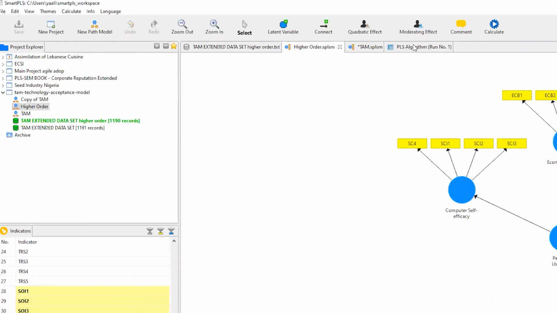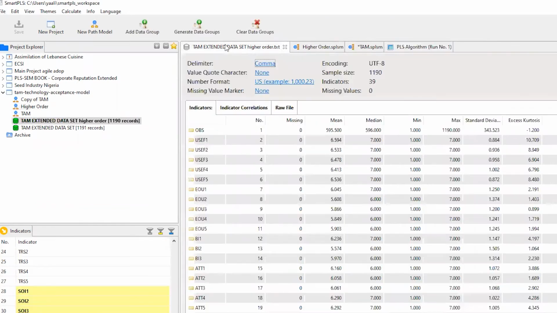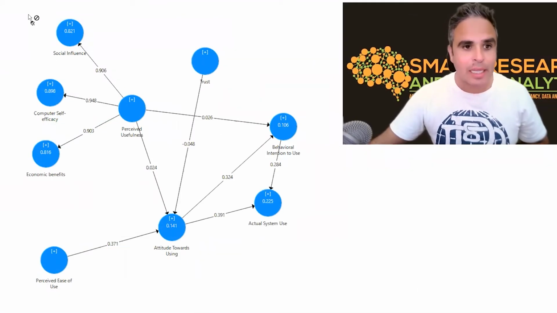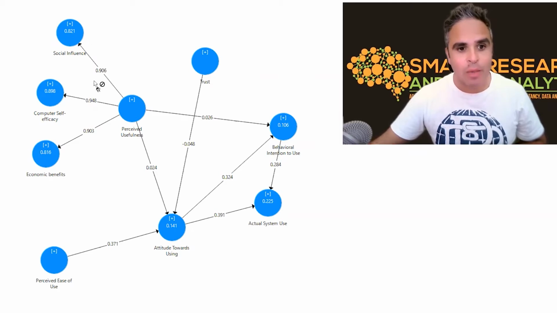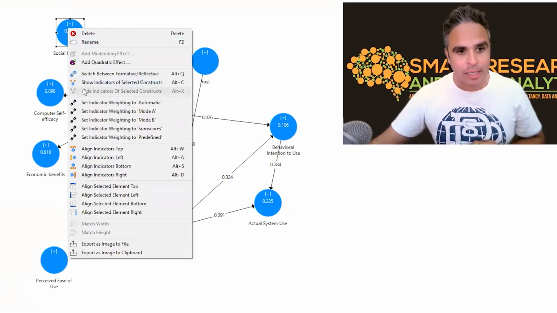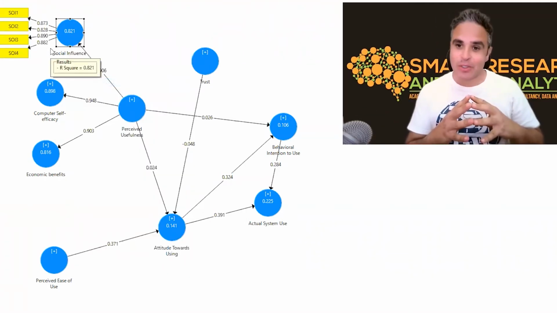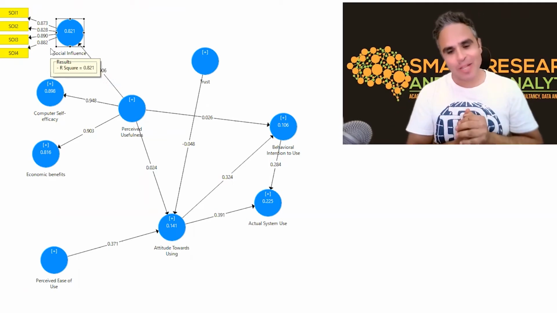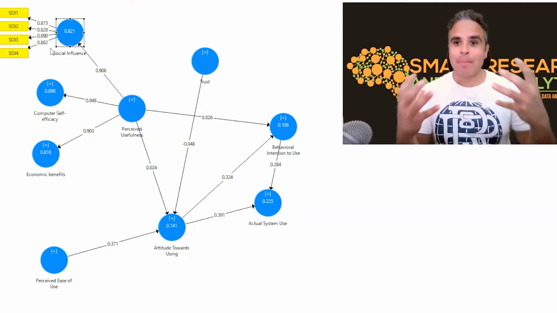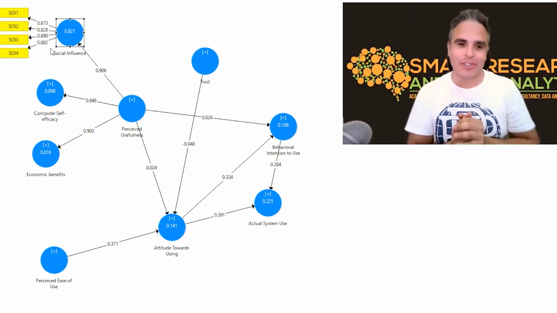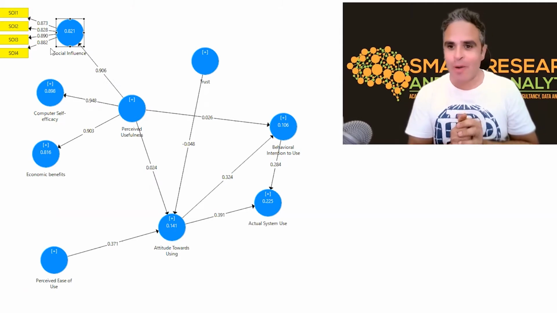If I wish to, I can show the indicators here, and I can see the loadings in this context. So this is the way we calculate the algorithms for the first order and second order models in our context.